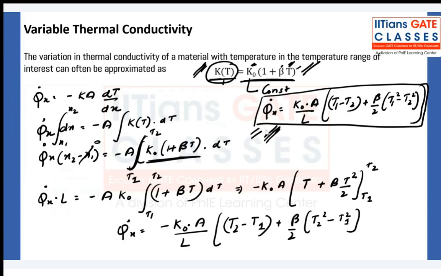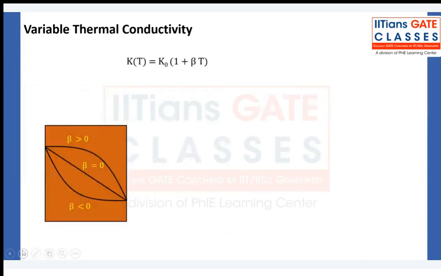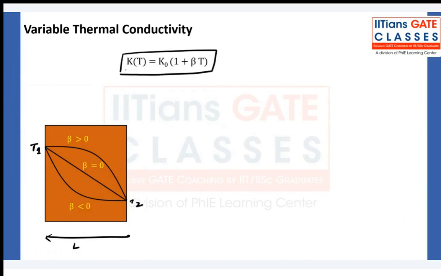Okay, chalo. So what is beta? Let's say this is your rectangular wall of thickness L. Here it is T1, here it is T2. The thermal conductivity K(T) is varying with temperature by this relationship. So what is beta giving you?